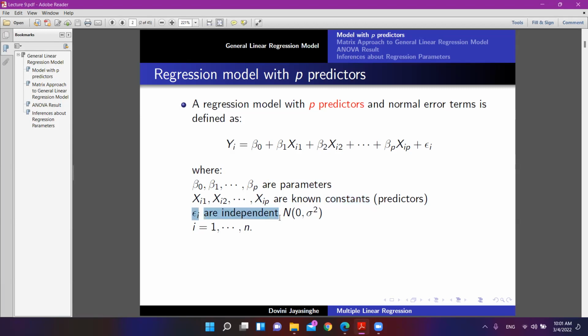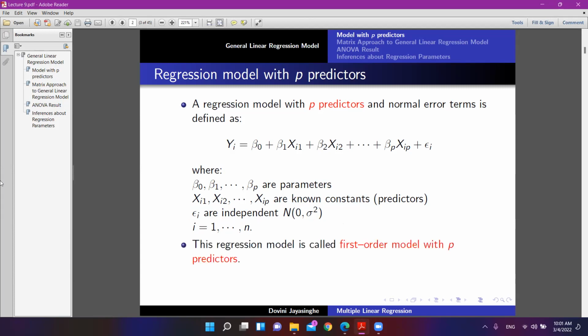Epsilon i are identically and independently distributed with mean 0 and constant variance, where i goes from 1 to n, and n is the sample size. So you have to write all these, and you have to say P is the number of predictors if you are asked to define a regression model with P predictors.